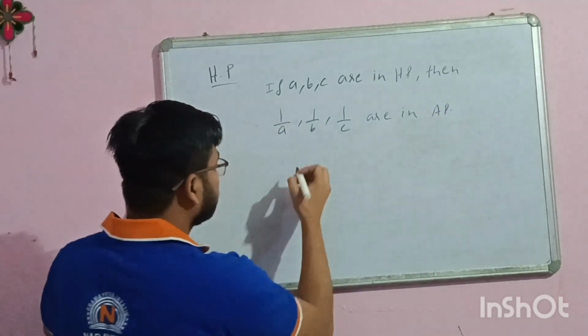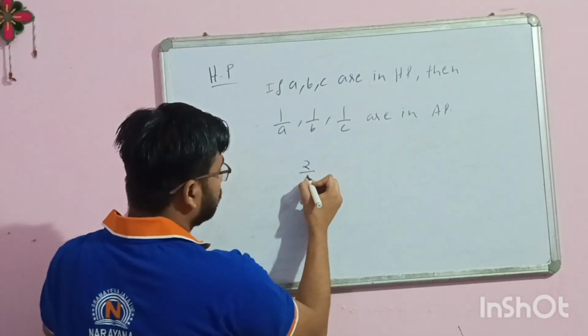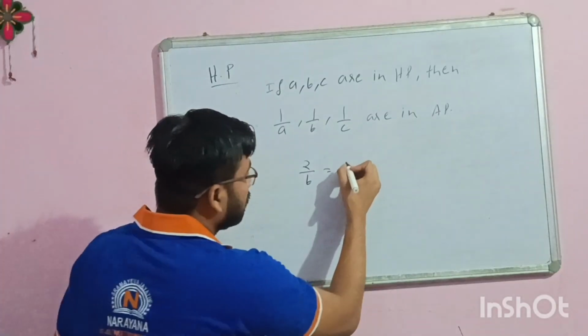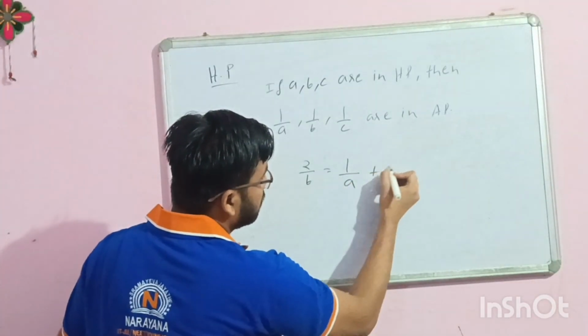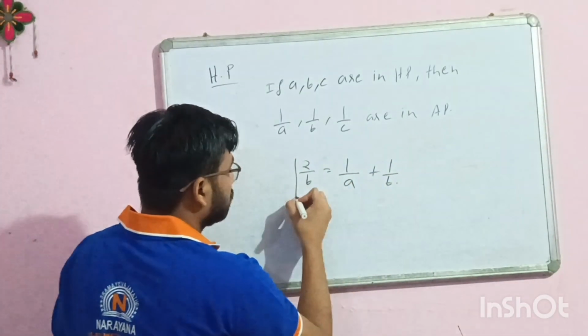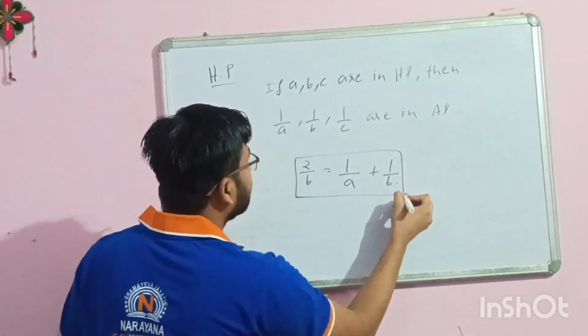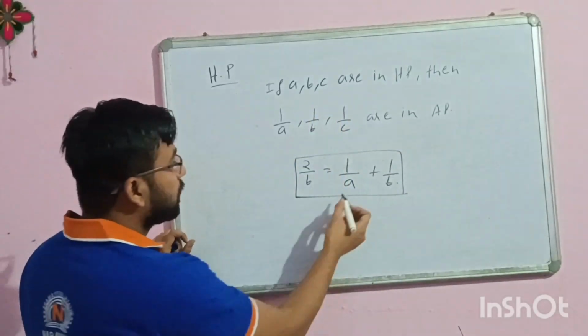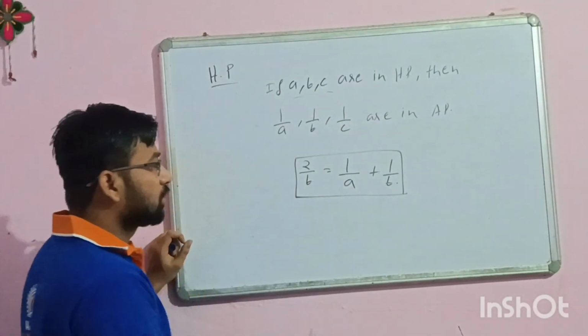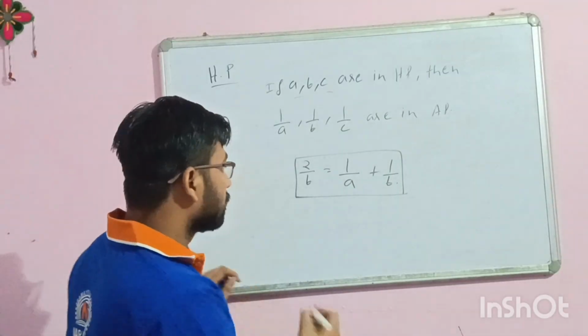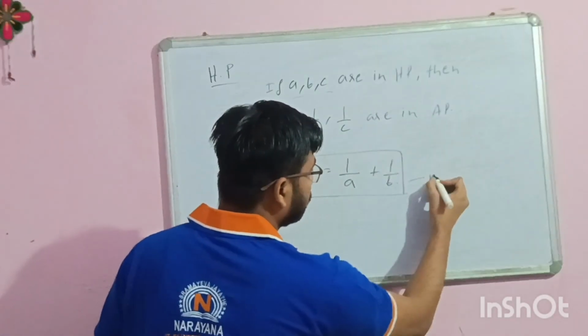So it means that 2 by B equals 1 upon A plus 1 upon C. Here B is the middle term, and A and C are the other terms. So this is the formula for HP.